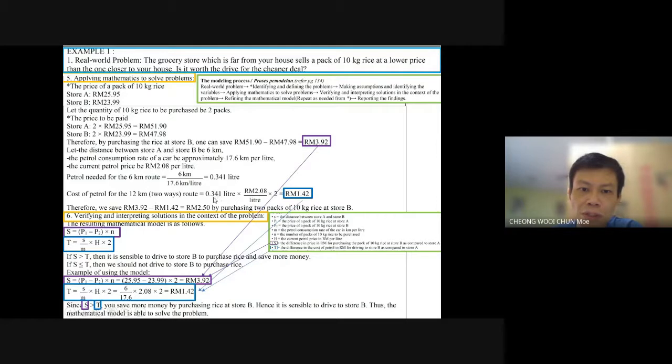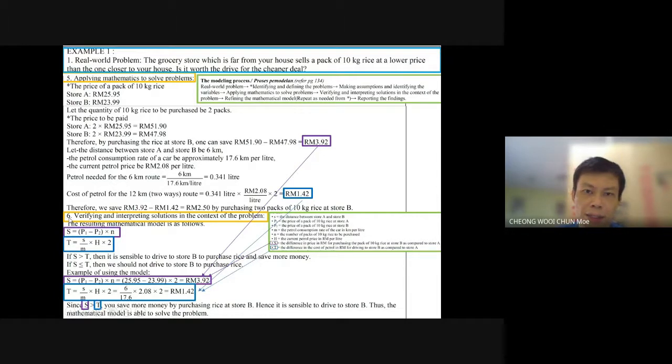So it's 0.341 liter times 2.08 per liter, times 2 because from 6 it becomes 12 km, so times 2 ways. You get 1 ringgit and 42 cents. That is the cost of petrol.